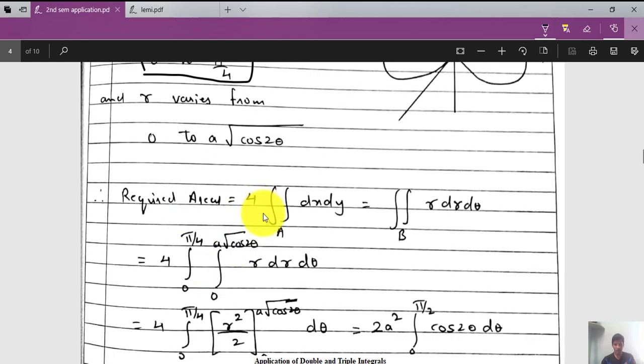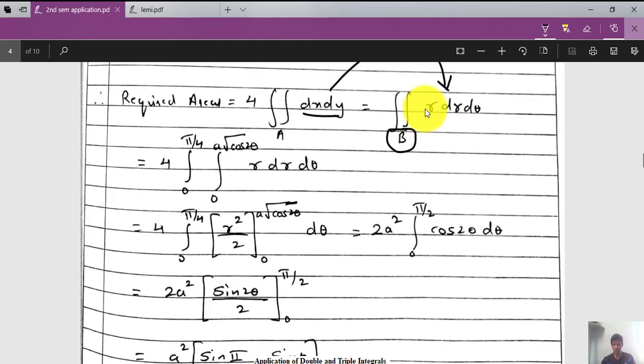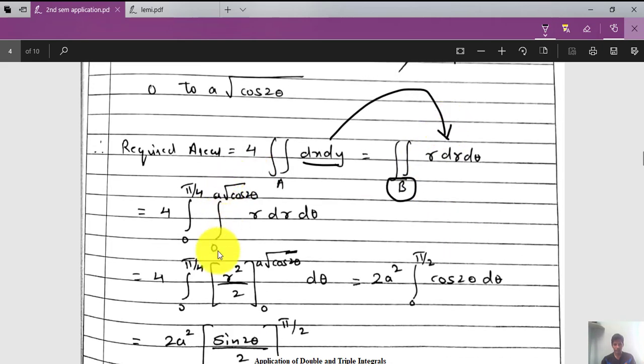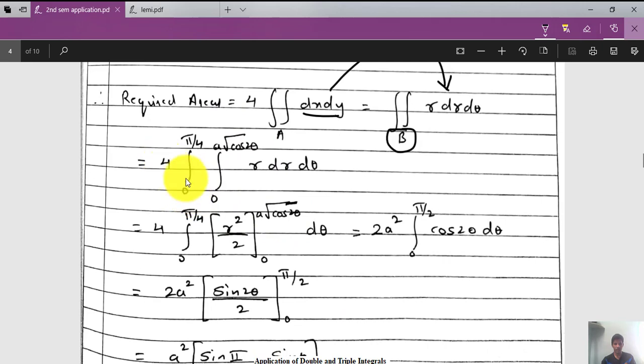So the required area is 4 times the double integral of dx dy, which becomes over region B, r dr d theta, that is the Jacobian. So r from 0 to a square root of cos 2 theta, r dr d theta, multiplied by 4.